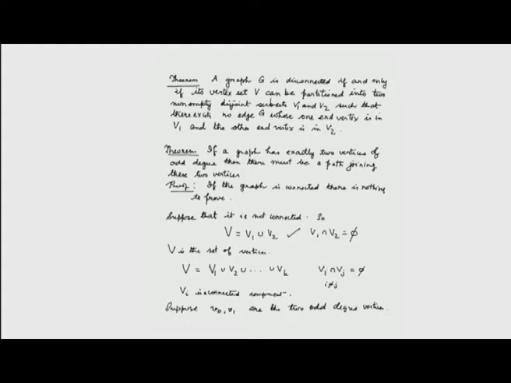Now, what we claim is that these odd degree vertices cannot lie on two different components, because if that happens, then that component as a subgraph will have only one odd degree vertex, which is not possible by using the first theorem that we have proved, which says that in any graph, the number of odd degree vertices has to be even.